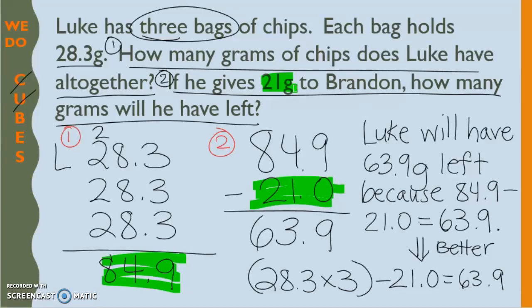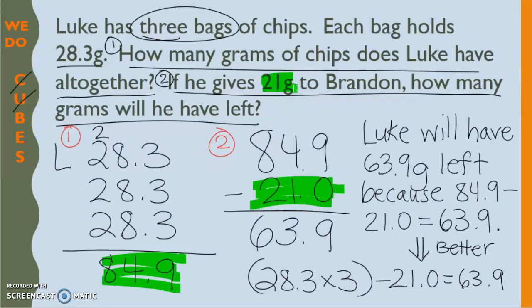Now, look at how the answer was written. Luke will have 63.9 grams left because 84.9 minus 21.0 equals 63.9.